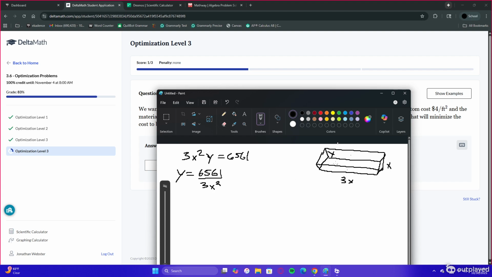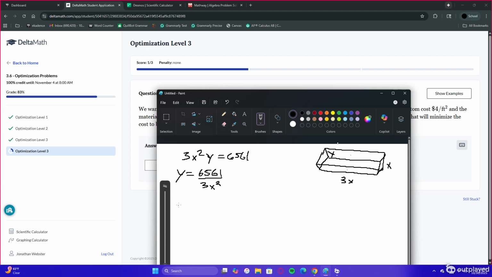And for the shorter sides right here and right here, it would just be x times y. And for our top and bottom, it would be x times our length here, 3x, to find the top and bottom area.